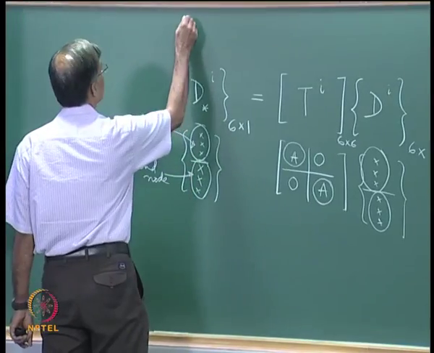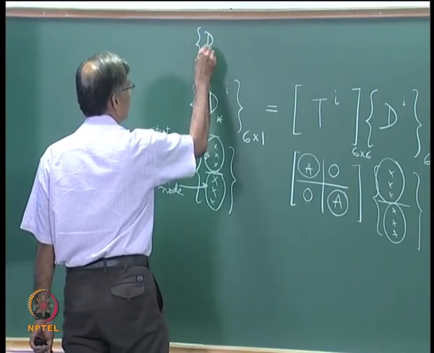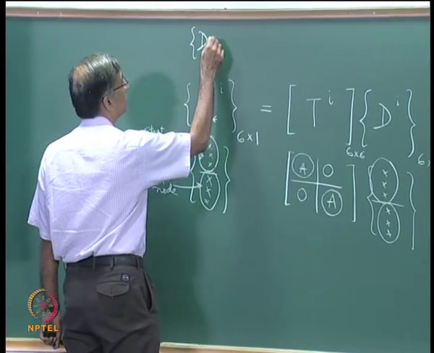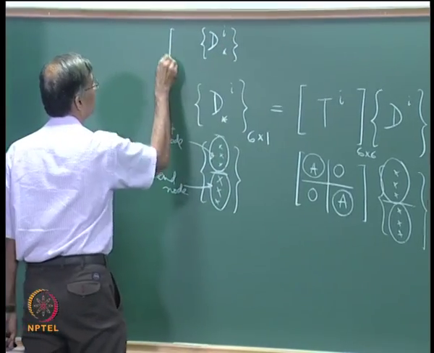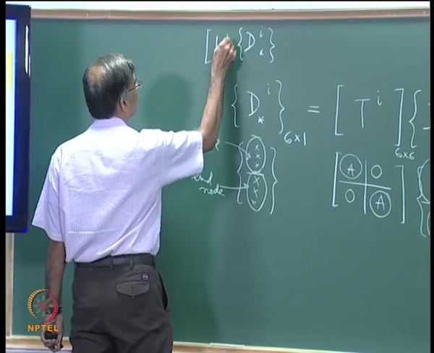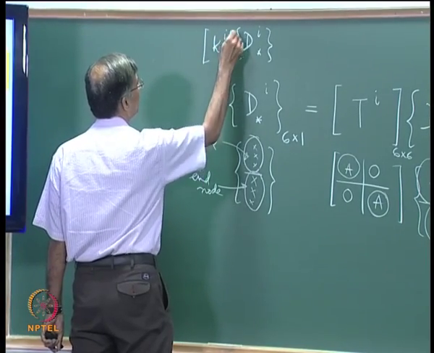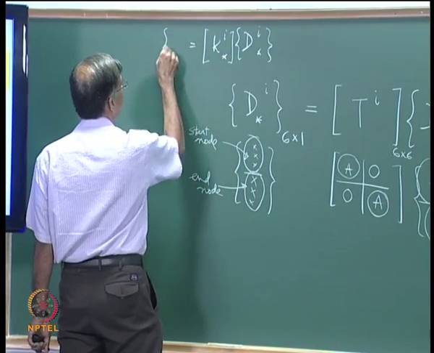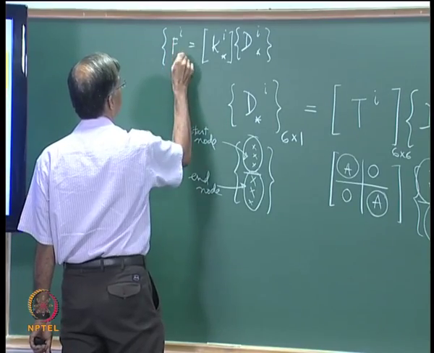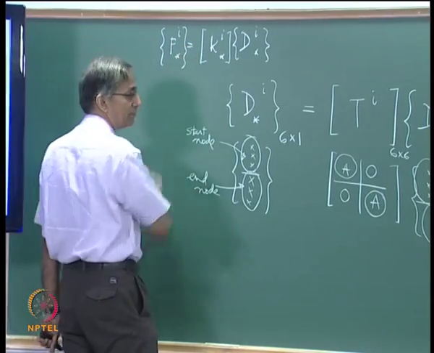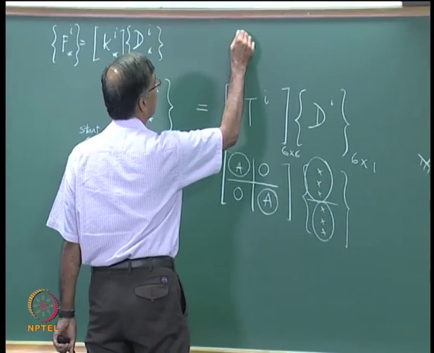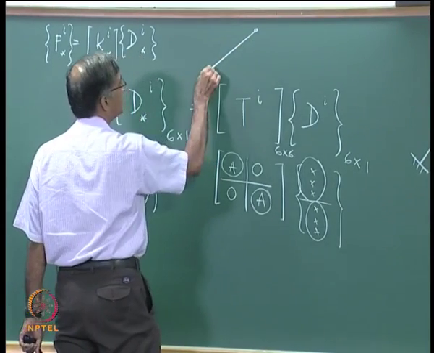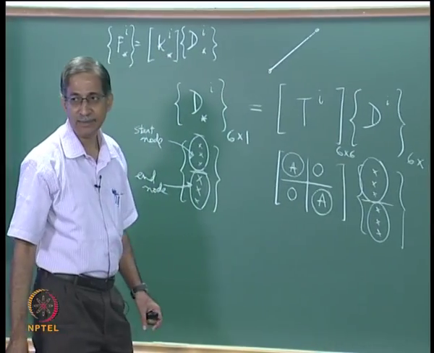So we are saying di star into ki star is equal to fi star. I can have an element in a truss like this. Please listen. Please listen.